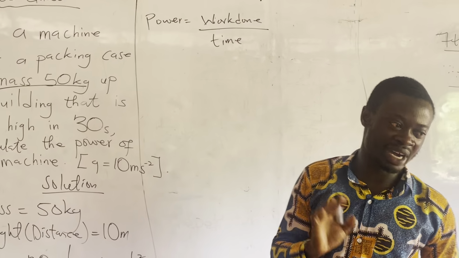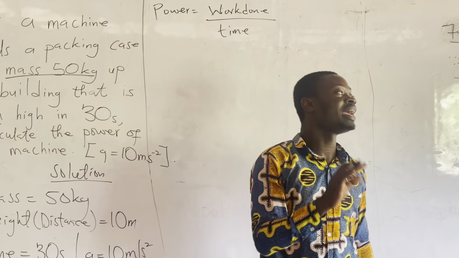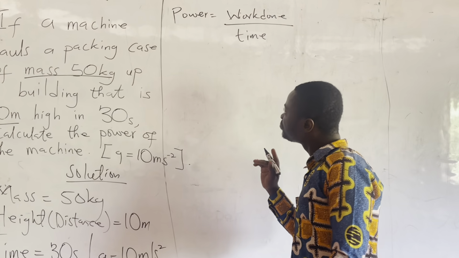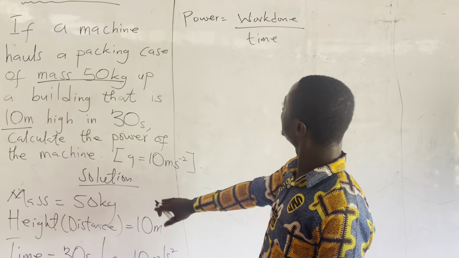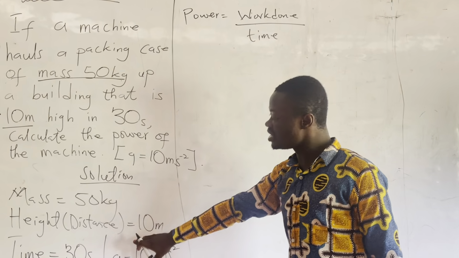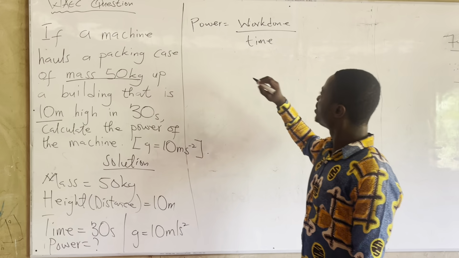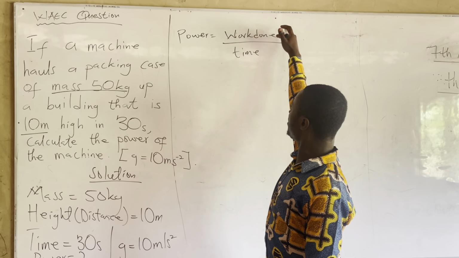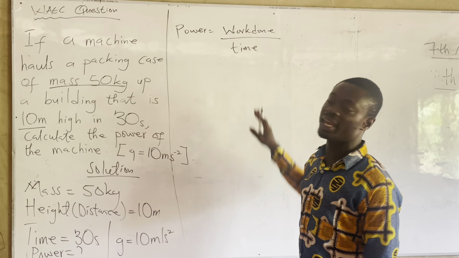Mathematically, power is equal to work done over time taken. Now, let's find what is here and then substitute the information into the formula. So it means you have to divide the work done by the time and get our answer.